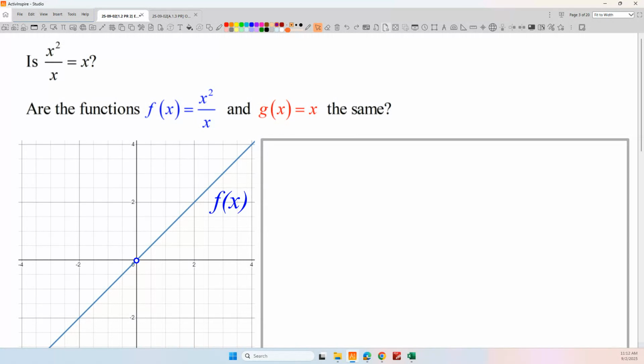In the first case, f of x, there's one really important feature of that. Are there any values of x that we must restrict from the domain? 0. Yeah, okay, so in the blue case, x cannot equal 0. Now in the red case, that's not a problem, right? 0 is in the domain of the red function. That one little difference is really key, okay?